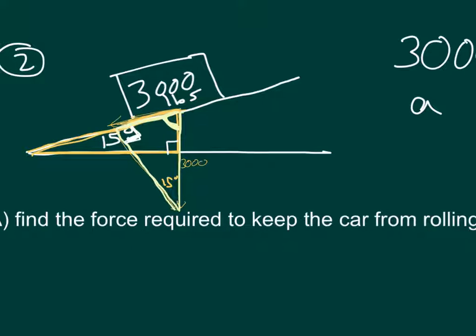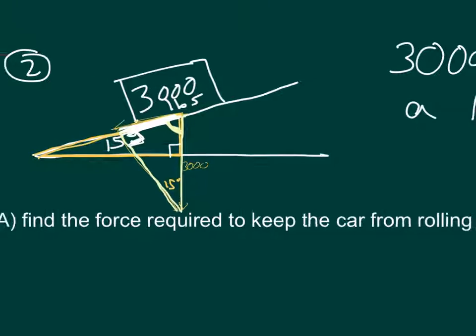So now that we know that that angle there is 15 degrees, I can use a little bit of trigonometry to just figure out the length of this piece here. Okay, the length of my component in the direction of the ramp. Okay, so now let me zoom back out.